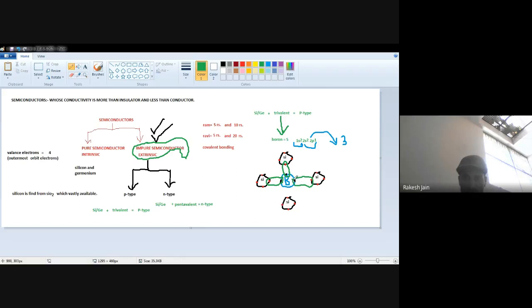So no change. But now silicon consists of electrons, but boron does not consist of any electron. So how do they make the covalent bonding? To make the covalent bonding from the other side, because I told you this is one section of that silicon germanium plus trivalent.